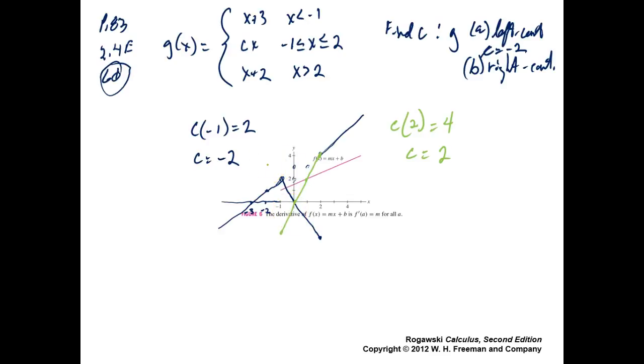Okay? So, the C of minus 2 makes this a left continuous function, filling in the dot there, and then it just has to go wherever it goes. There, you see, has to be a plus 2, and that, sure enough, makes it intersect there, so it's right continuous all the way down to here.